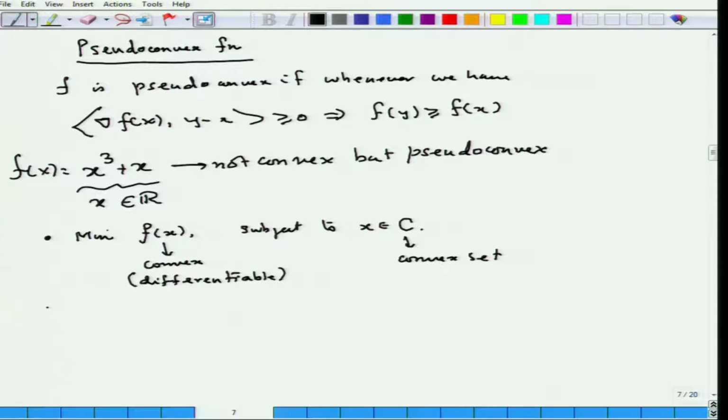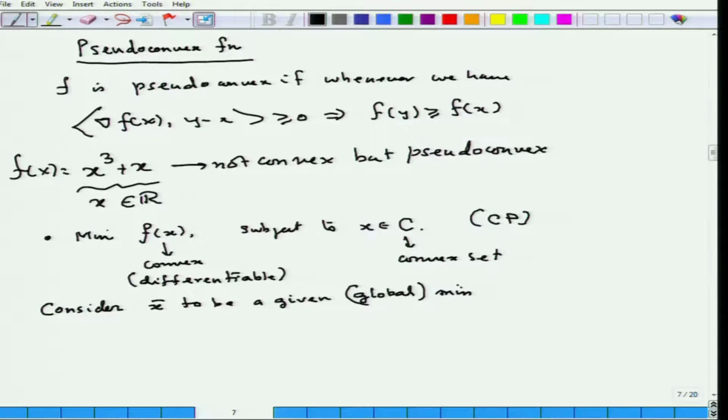So, now begin by considering x bar to be a global minima of this problem, which is the standard convex programming problem CP. x bar to be a given global minimum of CP. I am writing global in brackets because it is always a global minimum.